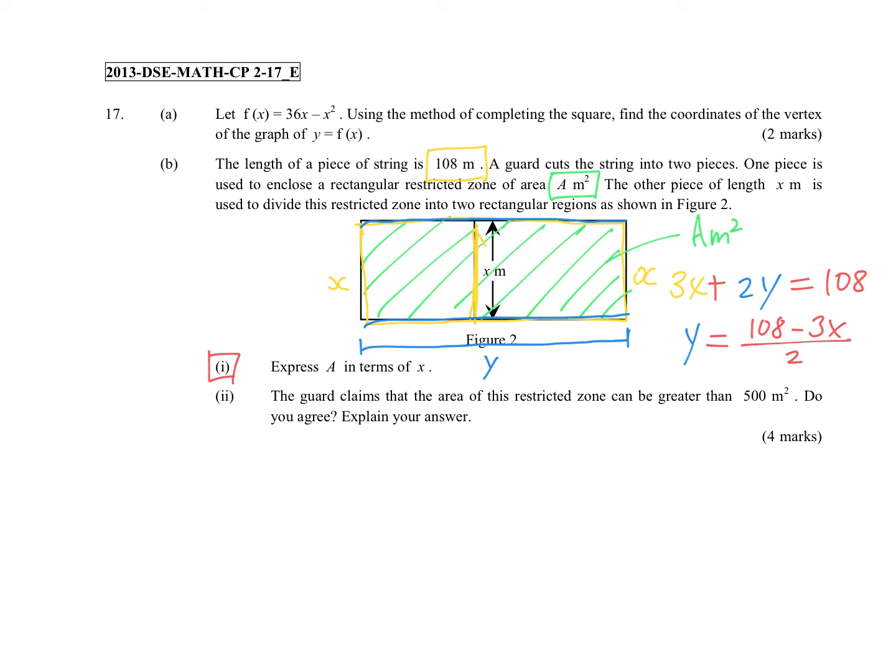So we have x and y, so we can express A. A would be x times y, and y would be 108 minus 3x over 2. Dividing, 108 divided by 2 will be 54, and 3 divided by 2 will be 1.5. So the answer will be negative 1.5x squared plus 54x. And that's the answer for part B1.